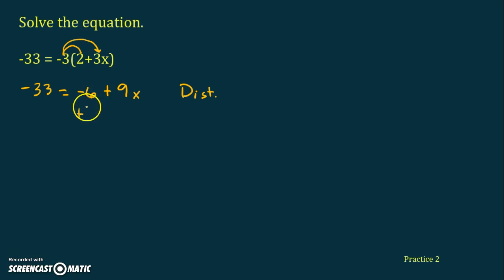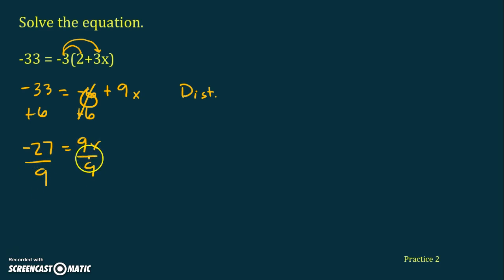I'm going to start with eliminating the negative 6 by adding 6 to both sides. Here we get 0. And then on this left side, when we combine like terms, we got negative 33 plus 6. That's going to give us a negative 27 equals 9x. And then we can go ahead and solve for x by dividing the right side by 9 and dividing the left side by 9.